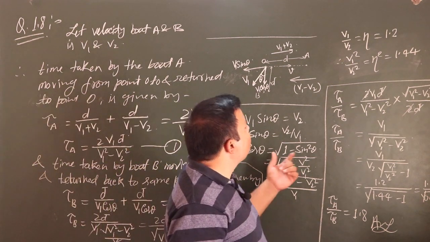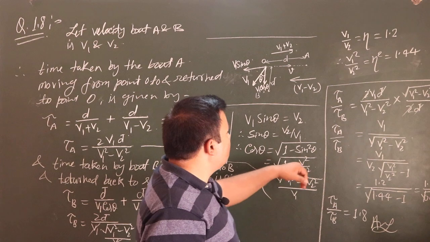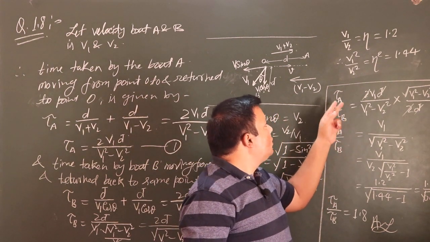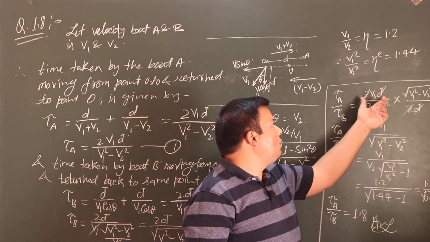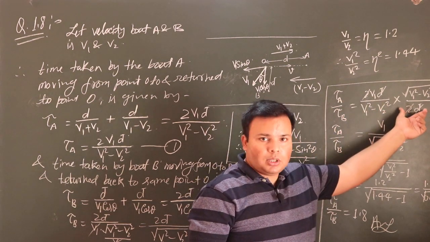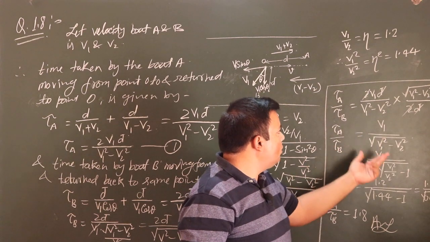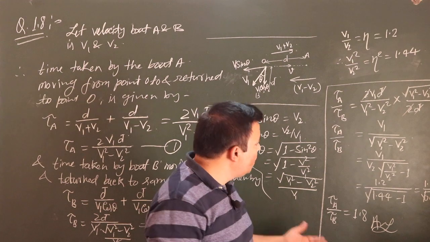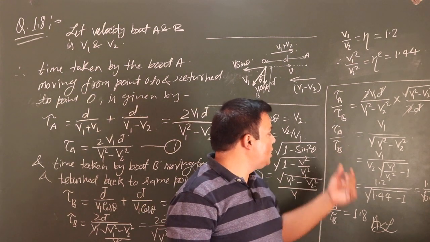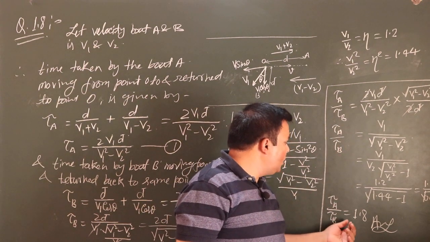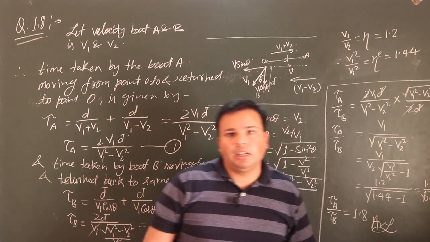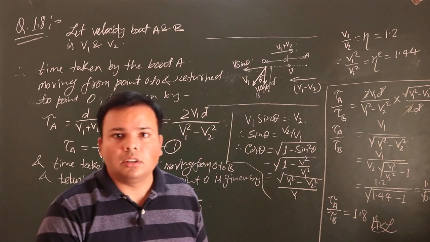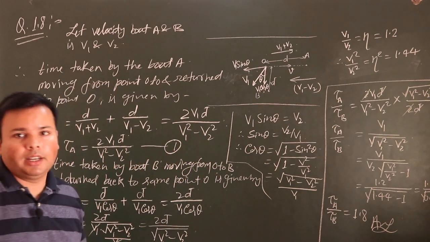Therefore tau A by tau B, after solving, is V1 upon root over V1 square minus V2 square. Putting the given values, we get tau A by tau B equal to 1.8. This is the required solution of question 1.8. Thank you.